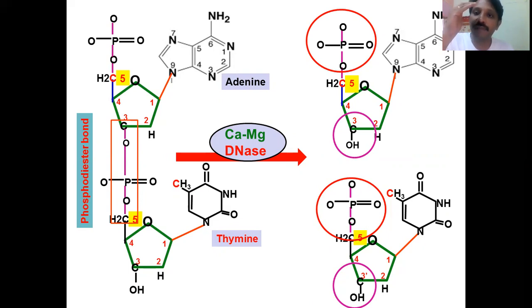But their 5' end has one phosphate, and the 3' end has the OH group. This is how DNase I digests the polynucleotide into nucleotides with a 5' monophosphate and 3' OH, right?